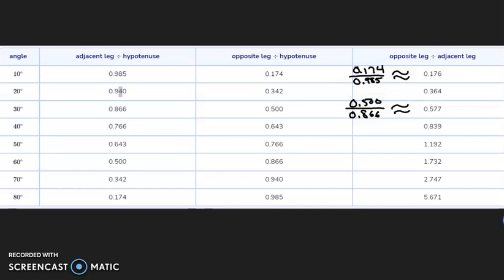And we'll do one more where I'm going to go down to the 60, since these two add up to 90. If I take the second answer of 0.866 and divide that by 0.5, we end up with 1.732. So we're going to actually get the answer they have in the table.